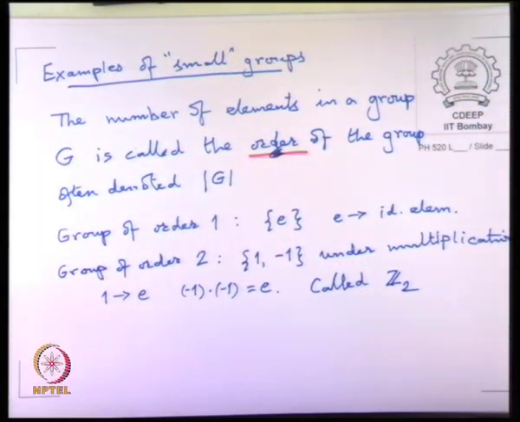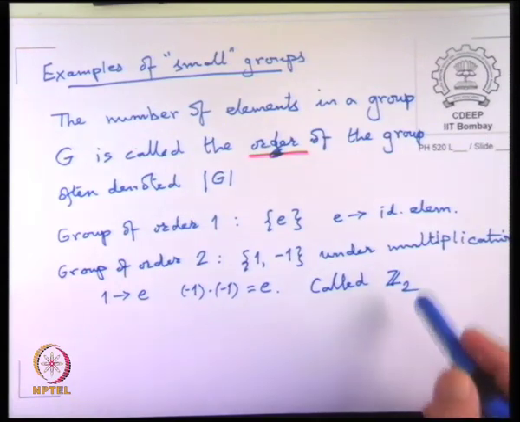This group is sometimes called Z2, with this script capital Z. As you know, the script Z is used to denote integers, all integers from minus infinity to infinity, including 0.